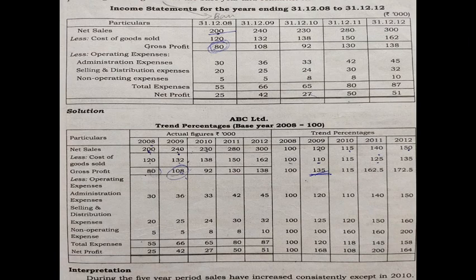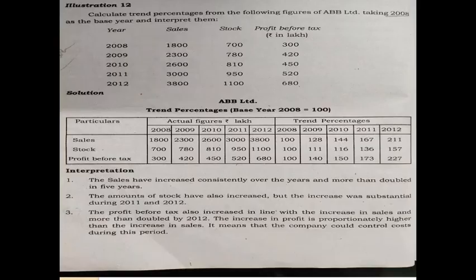I mentioned that sometimes you will be given only some of the items of an income statement or balance sheet, and you need to find the trend of that particular item. That is the concept of trend ratio. In trend ratio, you are studying the trend or change of a particular item relating to a certain period. So you might be given an income statement as a whole or a balance sheet as a whole, or sometimes you have to deal with this kind of situation.